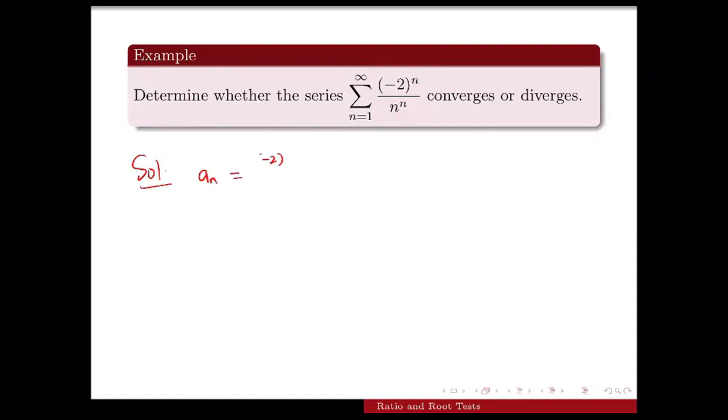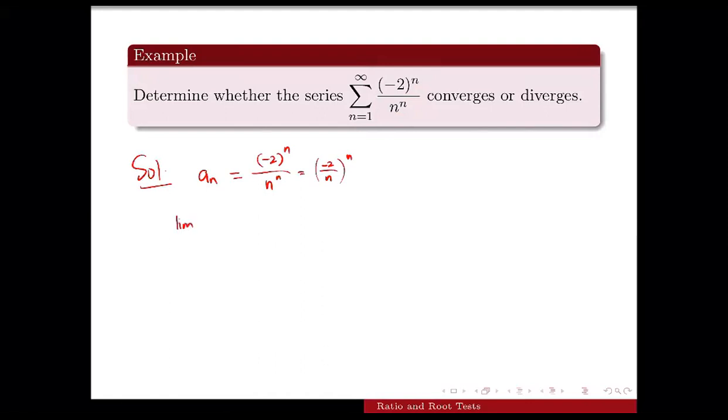This is negative 2 to the n over n to the n. Or simply, you can write this as negative 2 over n to the power n. They are the same. You can actually do this to the previous examples.